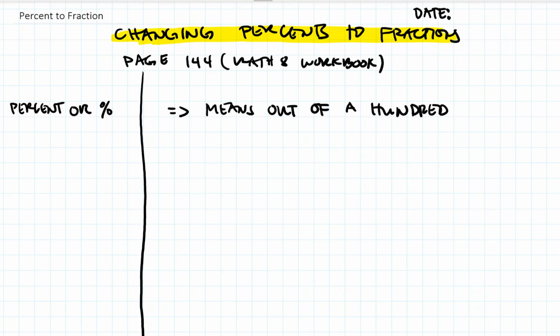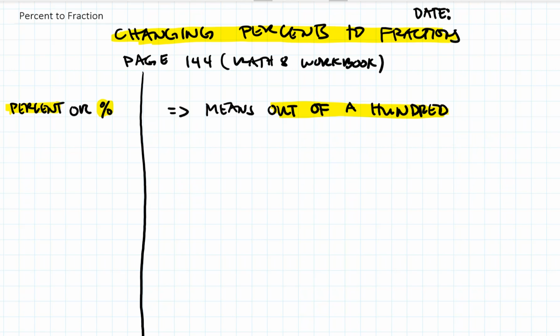It's actually a way of naming parts of a whole like a fraction. But the key word there is that it is out of 100. That is always the case when you hear percent or see that symbol, the percentage.